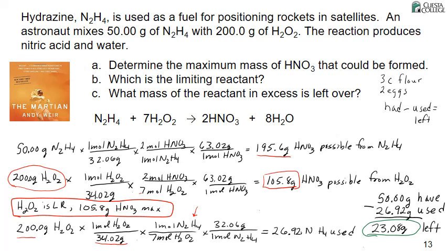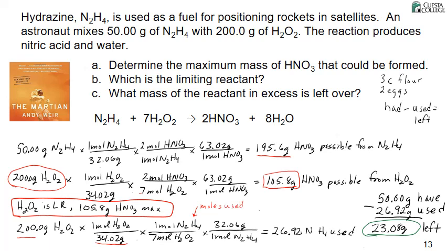From the balanced chemical equation, one can see that to use 7 moles of H2O2, it would also use only 1 mole of N2H4. So at this step here, this would be moles of the other reactant that would be used.